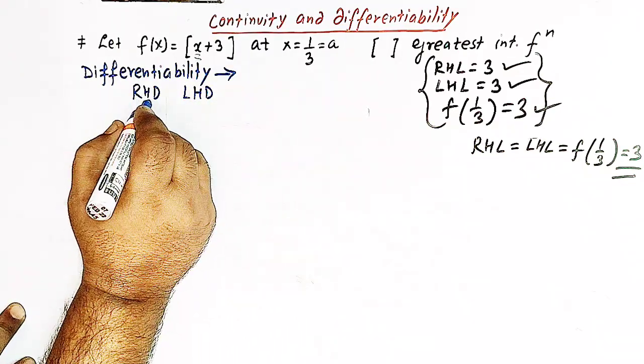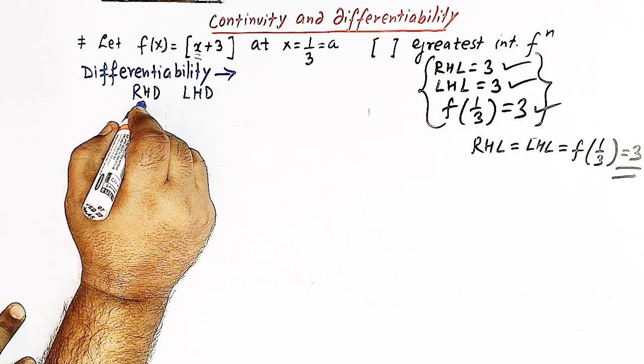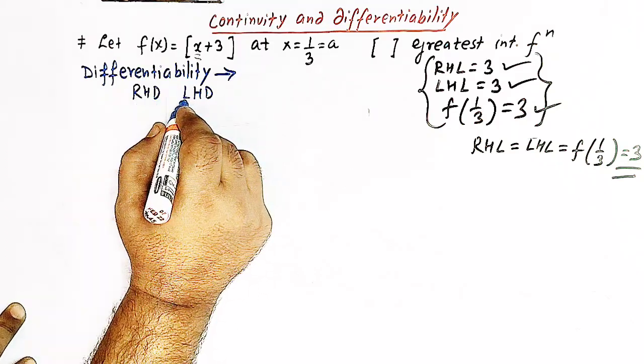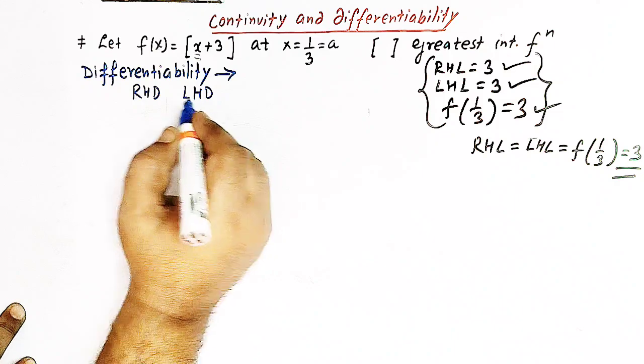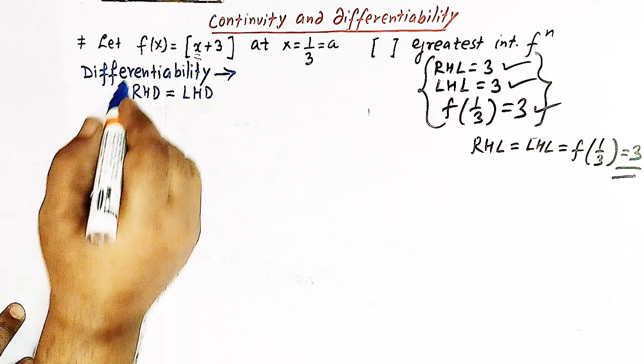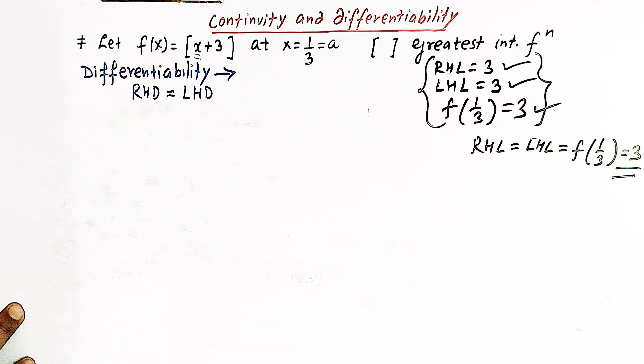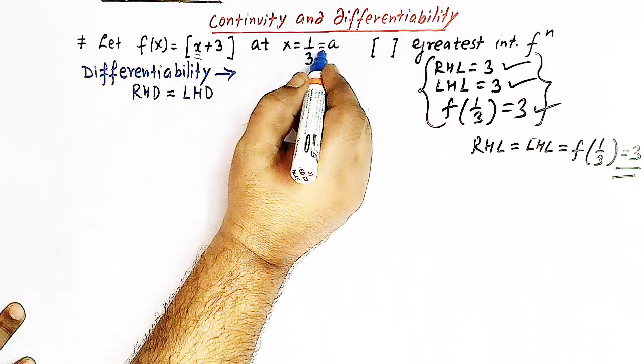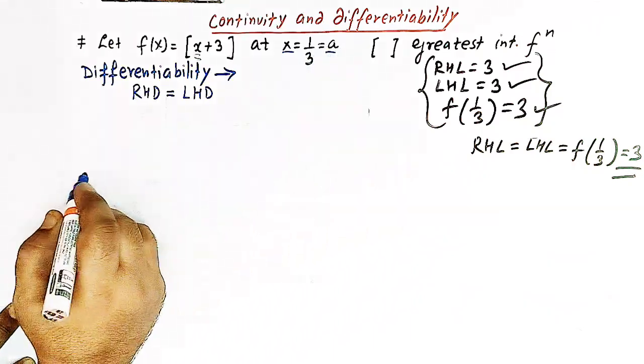And if the right hand derivative exists and is finite, and similarly the left hand derivative exists and is finite, and both are equal to each other, then we can claim that this function is differentiable at this point, that is x is equal to a, right?